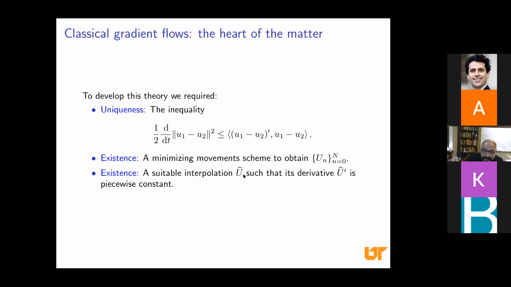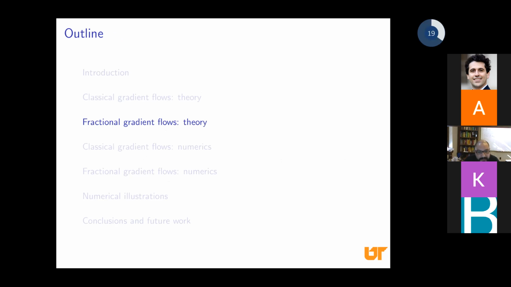And the second was a suitable interpolation, a way to construct from these discrete values a function whose derivative was piecewise constant, because that meant that I could plug it into the equation that the minimizing movement scheme describes, and that allows me to get some estimates for these functions, and with that I can pass to the limit. So let's see if I can do the same for a fractional gradient flow.